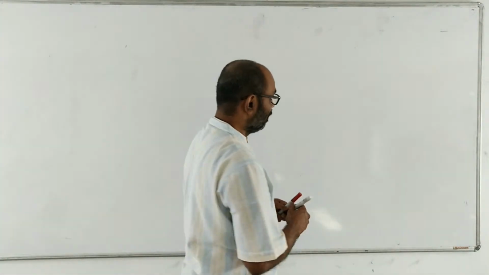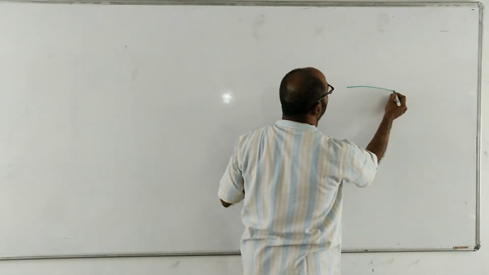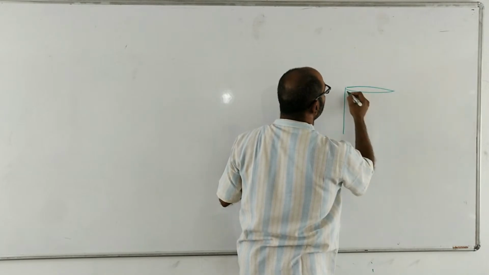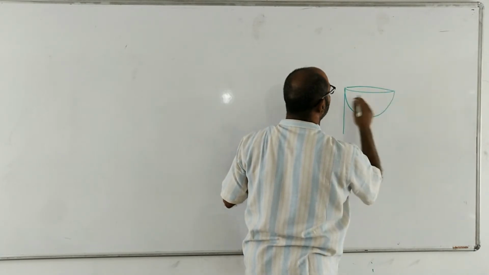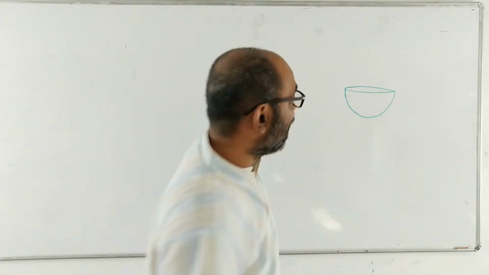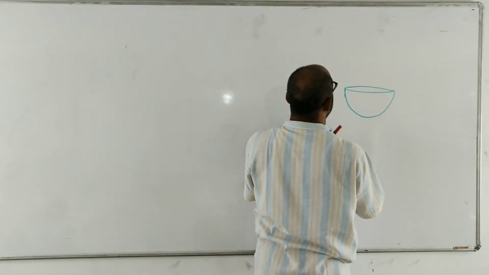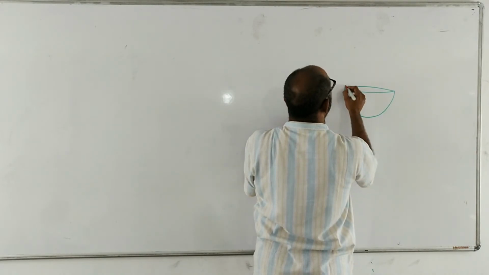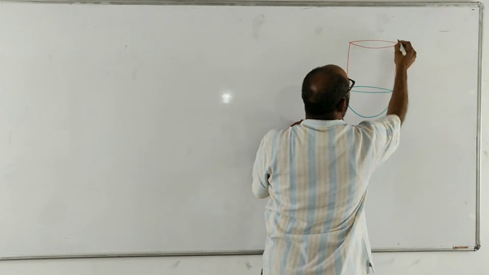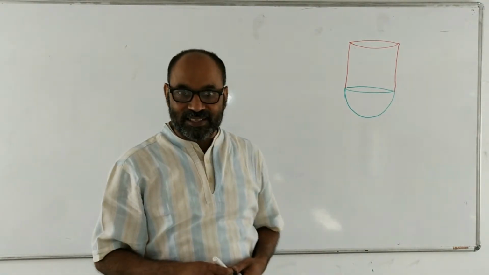Well, once again the vessel is formed by a combination of two things, both hollow. You have a hemisphere, correct, surmounted by a cylinder. All right, this is the vessel.